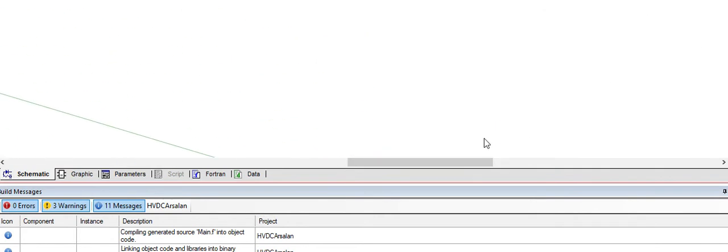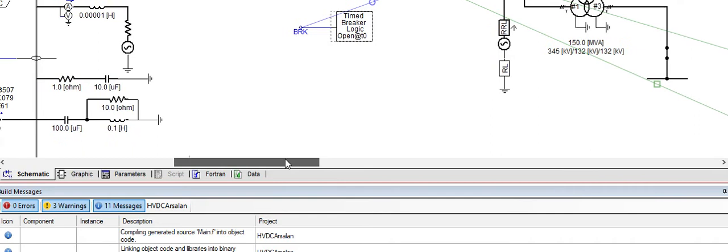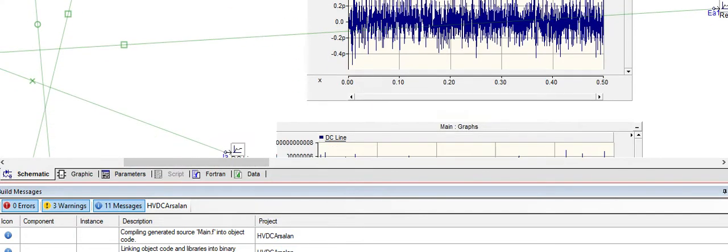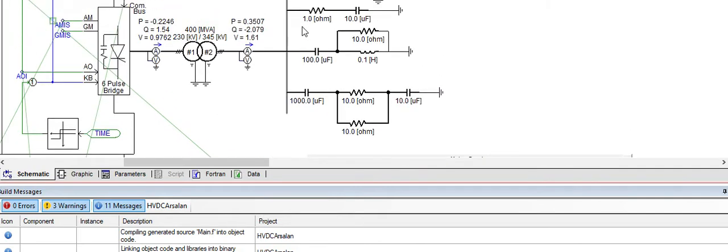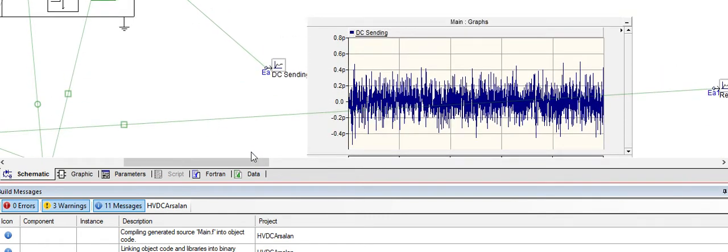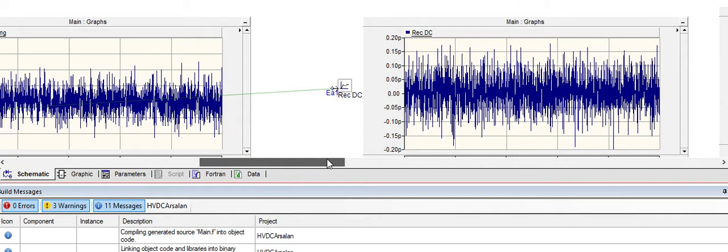Now as you did in the previous exercise, you want to know what is the impact of this filter circuit. So I just want to do one thing. I just remove one filter circuit connection here, and let's see what will happen to our DCs. Okay, now let's see.